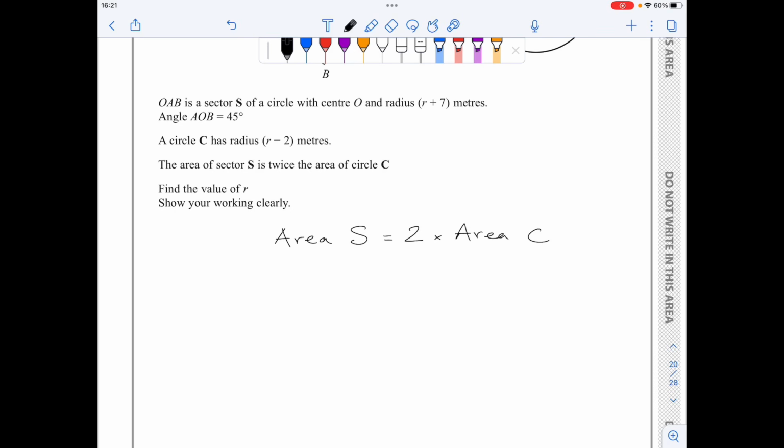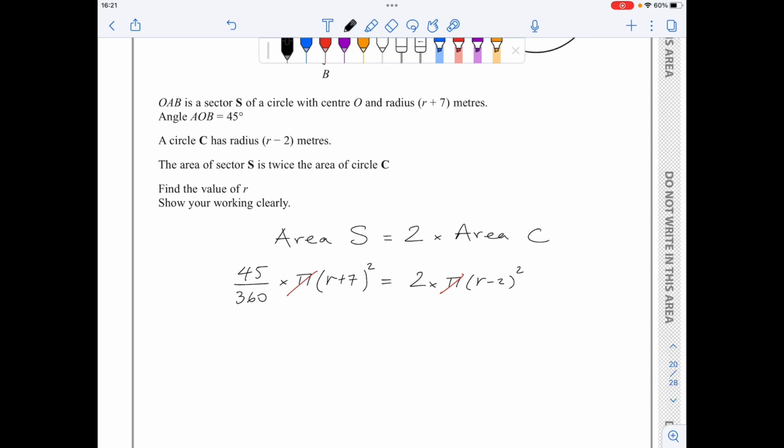Now the area of the sector is 45 over 360, which is the angle, times pi r squared, so times pi (r plus 7) squared in this case, equals 2 times the area of the circle, which is pi r squared, but the radius we're going to use is r minus 2. So let's start by cancelling out the pi's.